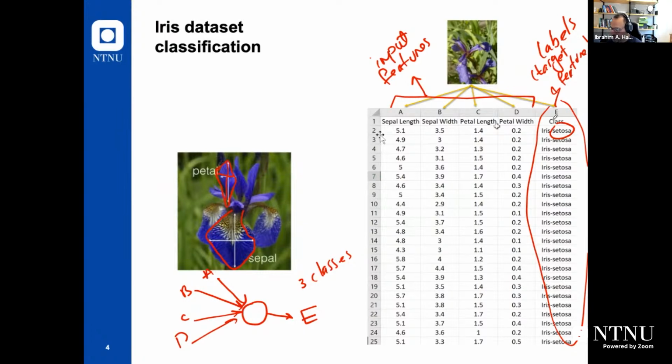If you have someone who is clever for solving this problem, we can just ask him to collect a large data set, and he will label those species. So he will look into sepal length, sepal width, and the petal length and the petal width, and he will say, okay, this one is Setosa. Correct, and also he will collect a data set which will cover all different species or classes.